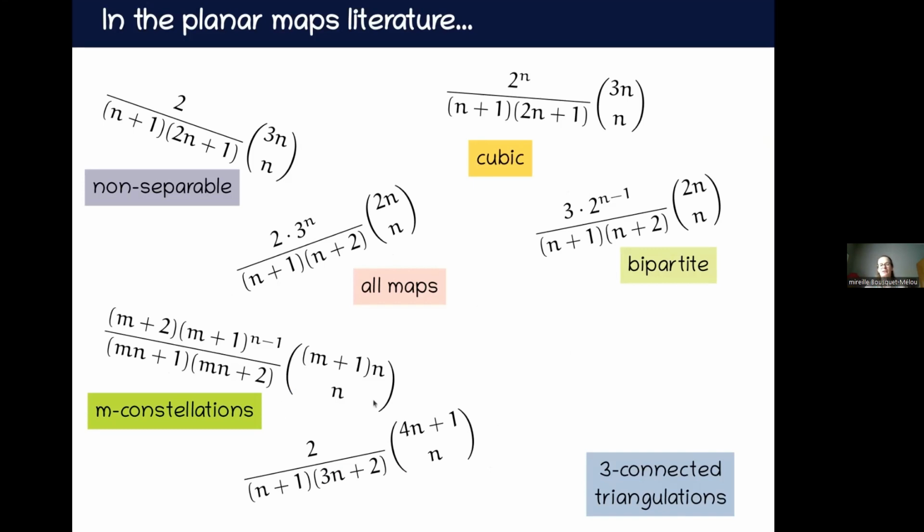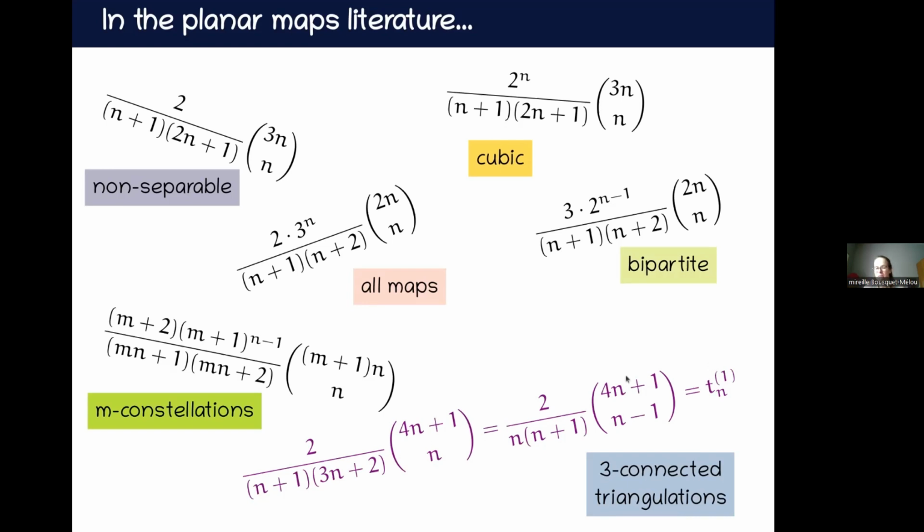And so you see they have the same form, a binomial divided, sometimes you have an nth power, and divided by two linear terms in n, as on the previous slide. In particular, this one, which counts certain triangulations, is in fact the number of intervals in the usual Tamari lattice.